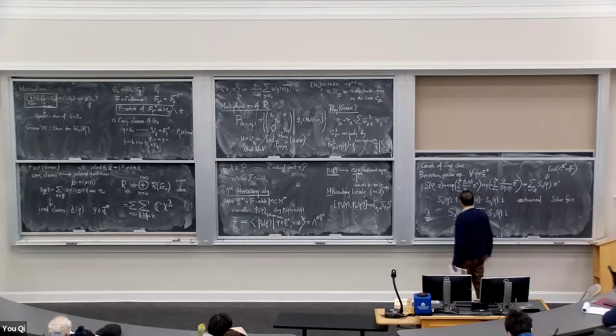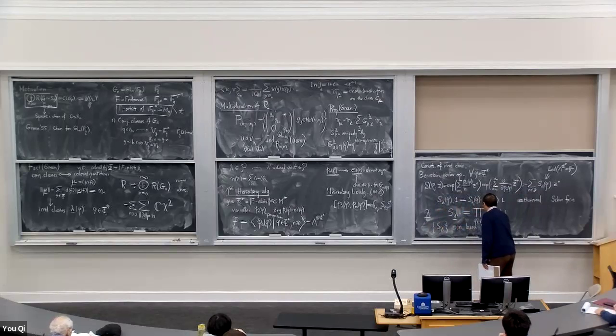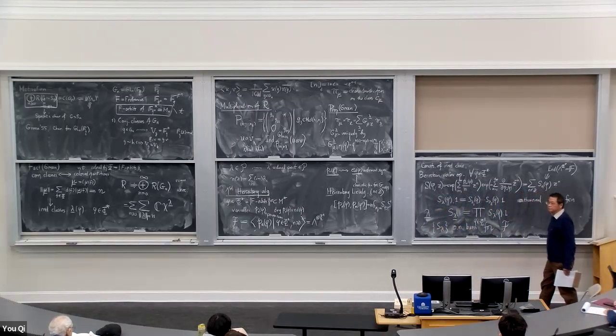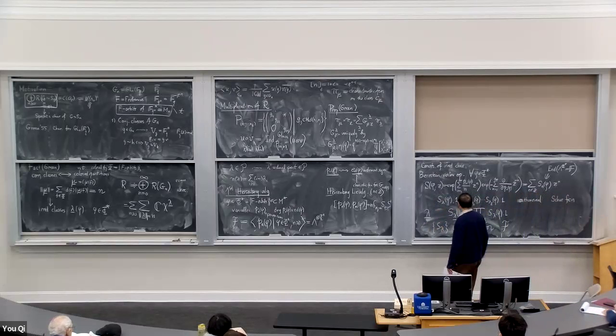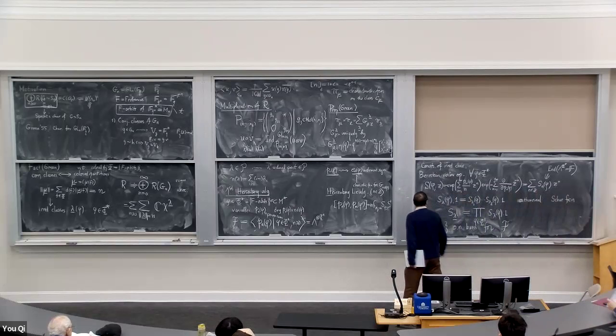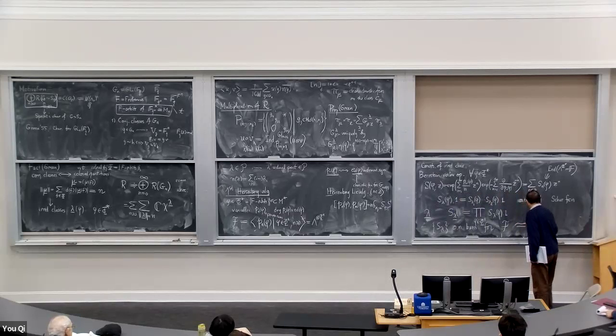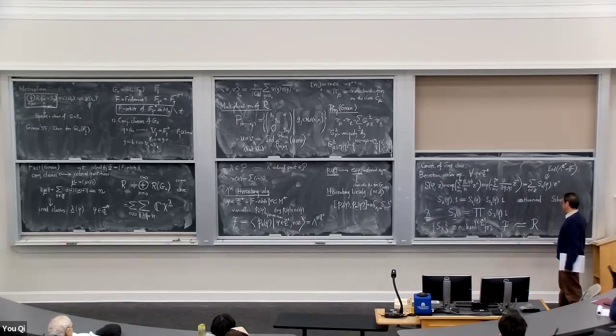And then you get this element as lambda, which is exactly an orthonormal basis, or linear basis, for this space F. And this space is exactly isomorphic to R. That's all these basic objects.